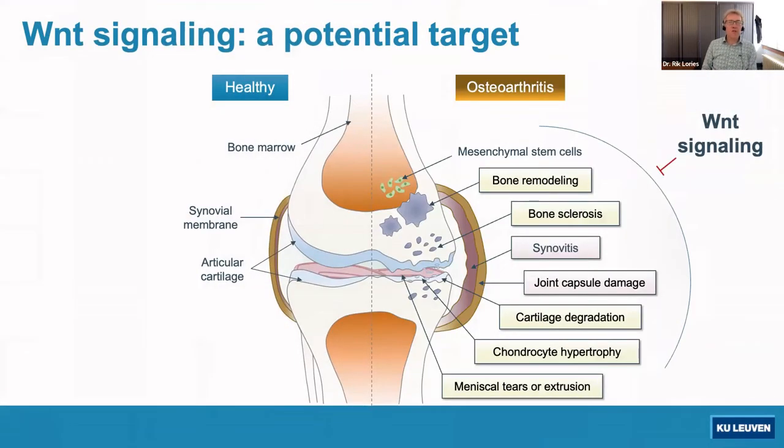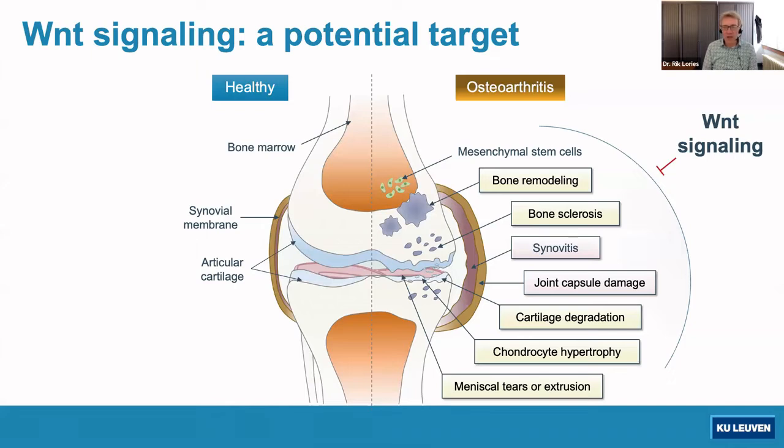Now, we hypothesized quite a while ago that maybe the Wnt signaling pathway was a pathway that is critically involved in this. And effectively, over the last 10 years, a number of groups have all contributed to our understanding of Wnt signaling in the context of joint biology.